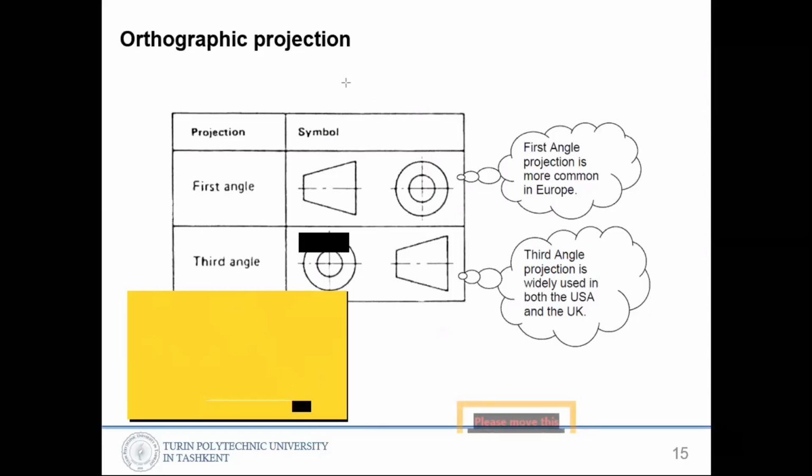If you have this one, the first angle projection is used. Mostly Asian countries and European countries are using the first angle projection, and we are also using it. Third angle projection is used in the US, UK, New Zealand, Canada, and Australia.